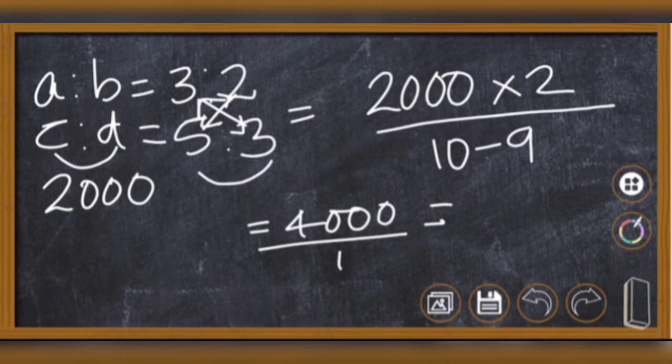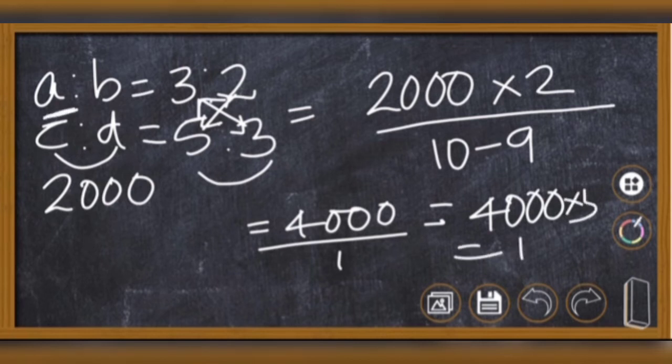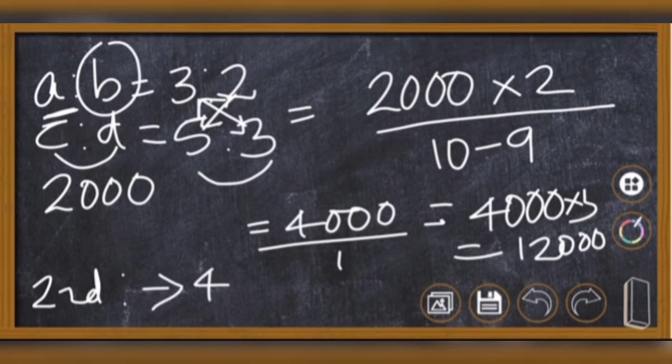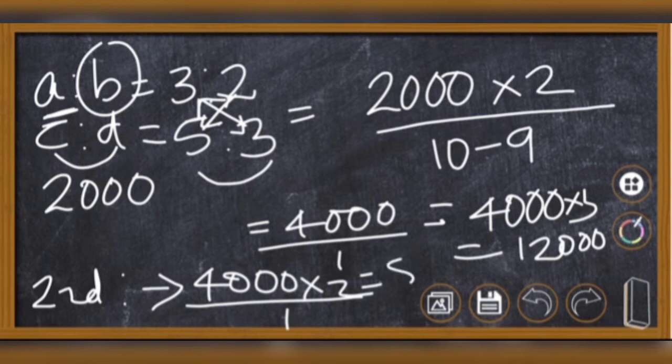Now the first income will be 4000 into A, that is 4000 into 3, which is equal to 12,000. And what will be the second value? 4000 into 2, that gives 8000.